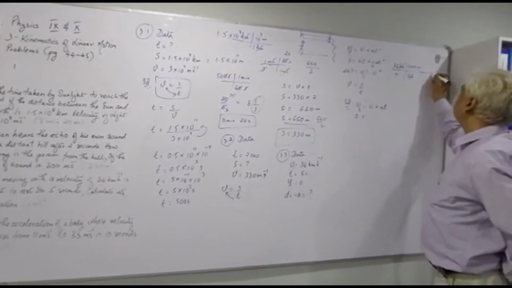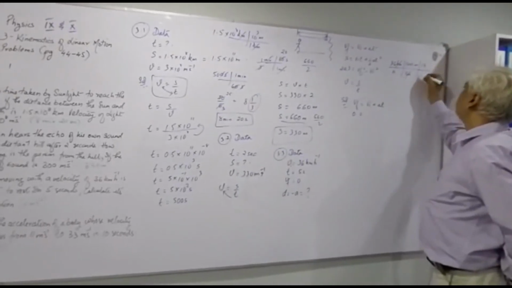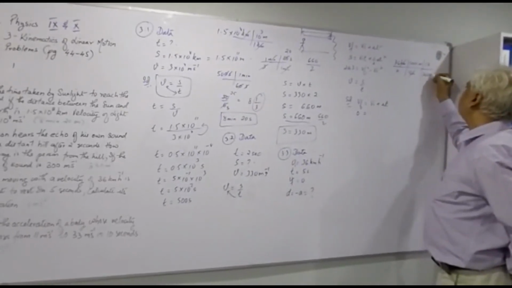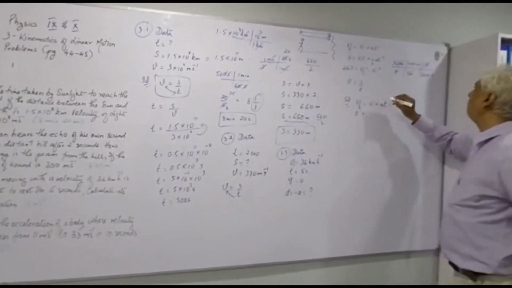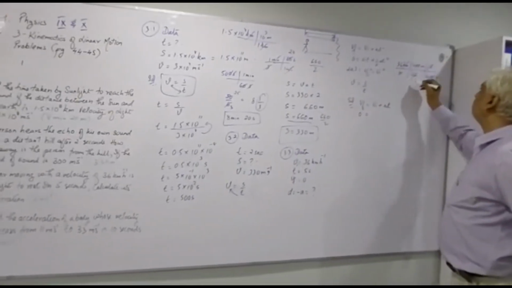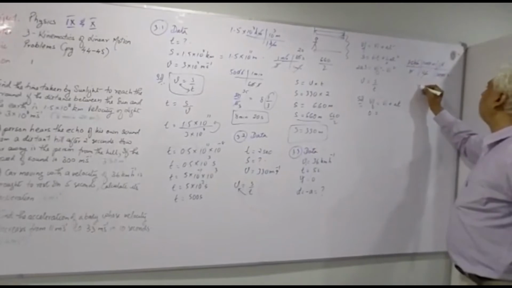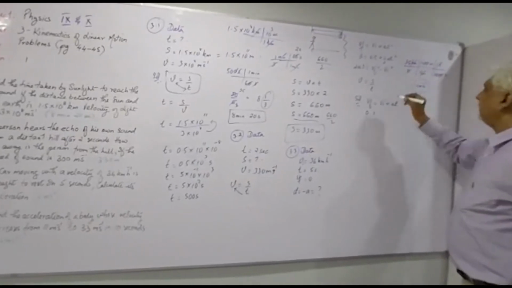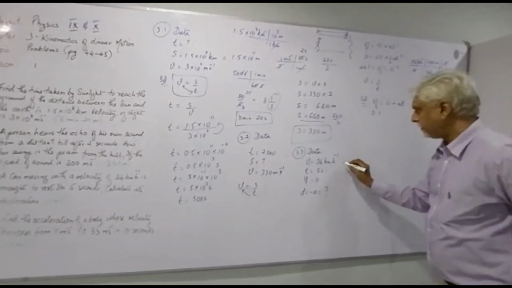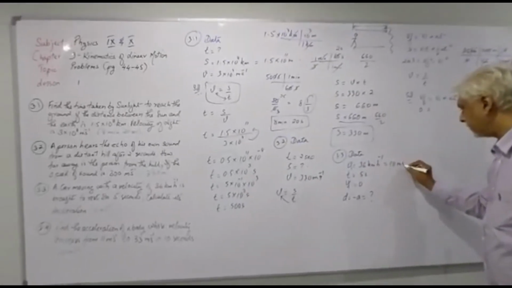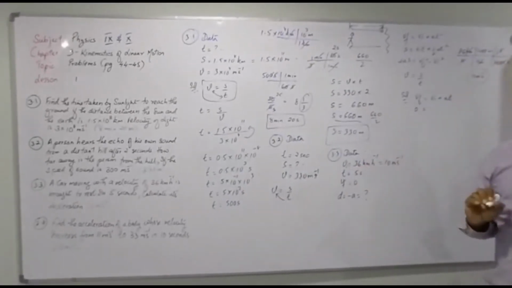Kilometer cancels. 1 hour is equal to 3600 seconds. These two zeros will cancel out, and this will go with this. So you have 10 meters per second. There you go. So initial velocity is 10 meters per second, which is equal to 36 kilometers per hour.